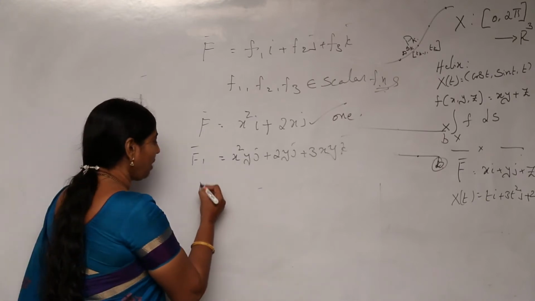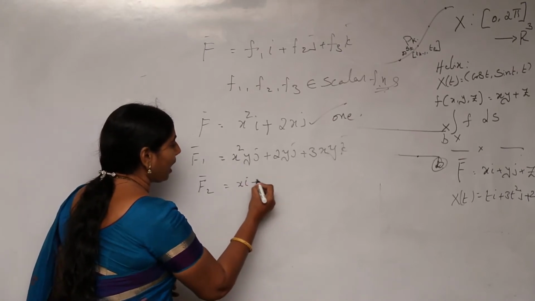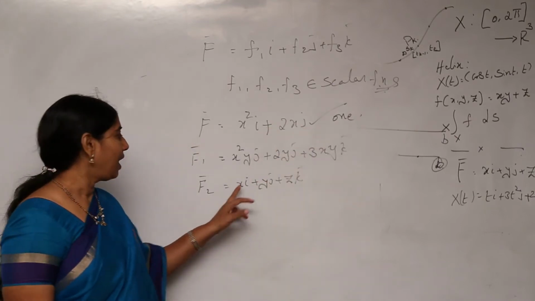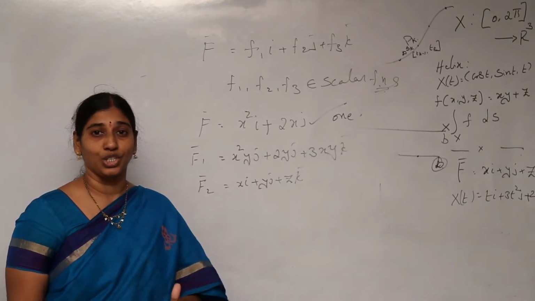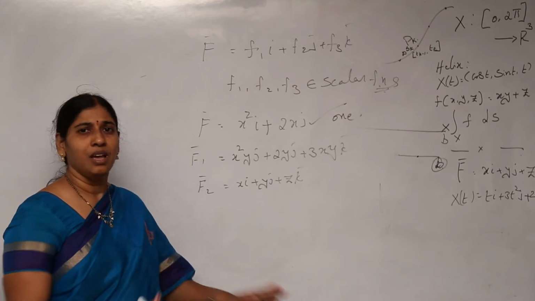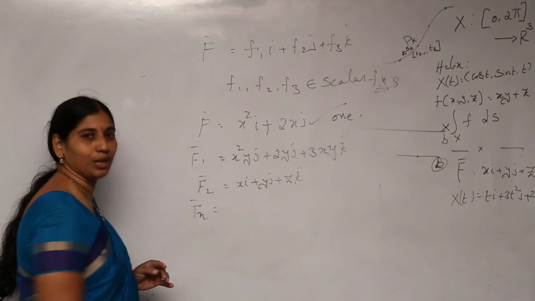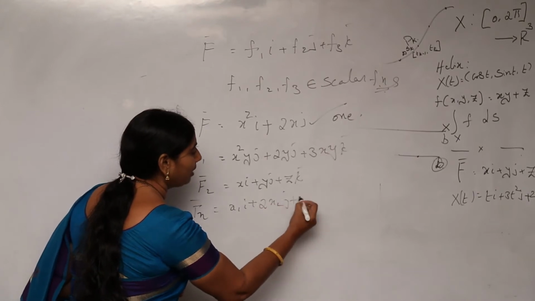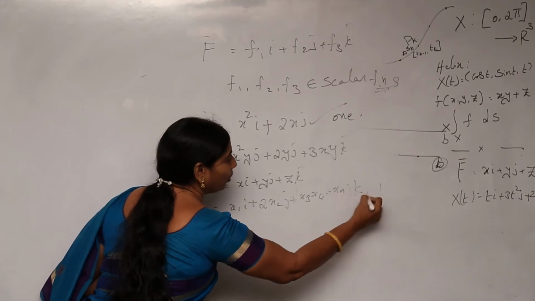Say suppose the same thing F2 = x i + y j + z k. Observe, 1, 2, 3, three independent variables. So this is a vector valued function of three independent variables. In a similar way, I can define Fn = x1 i + 2x2 j + x3 x4 and so on, xn k.